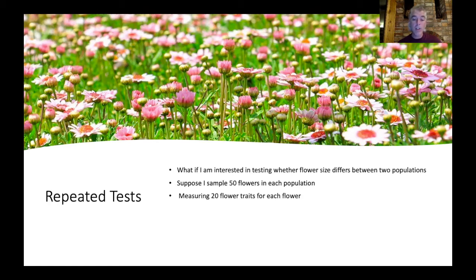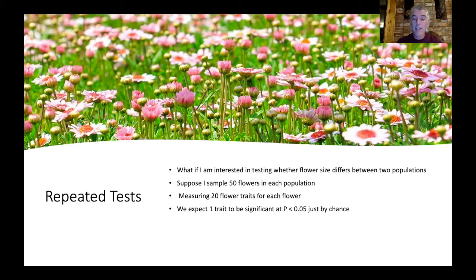But when we measure the flowers, for each flower, we collect 20 different measurements of size. So instead of having a single size measurement for each flower, we've now got 20 different measurements, like petal length, stem height, distance between the leaf nodes, those sorts of things.